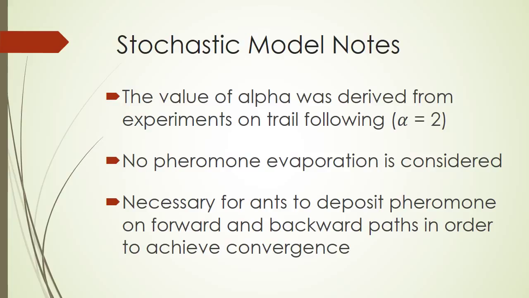And in order for this to work, as was shown in some of those demonstrations, it's necessary for the ants to deposit pheromone both on their way to the food and on their way back from the food. Otherwise, without depositing pheromone in both legs, this model will not converge.